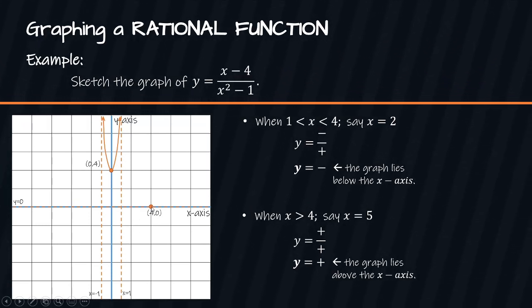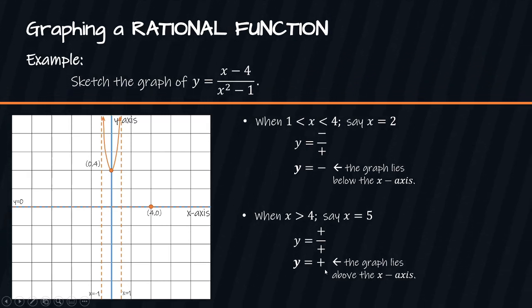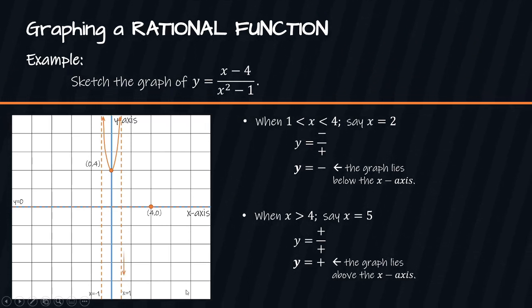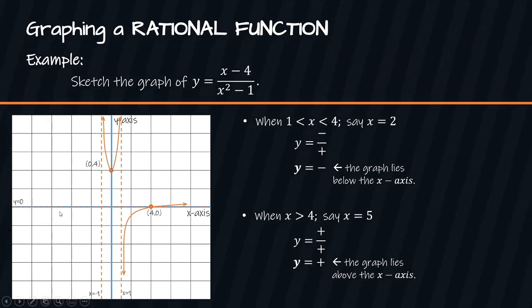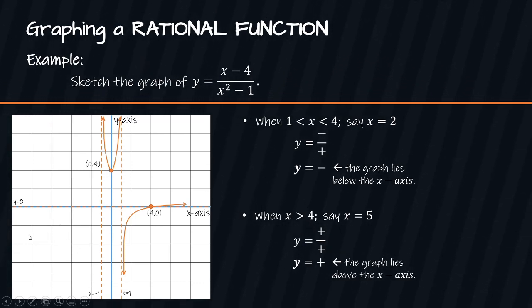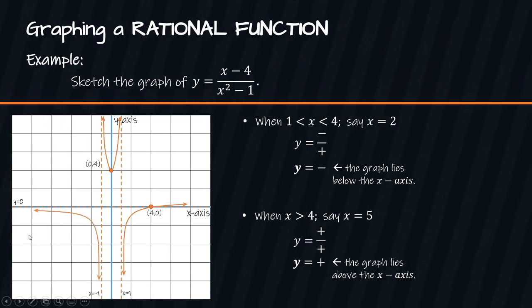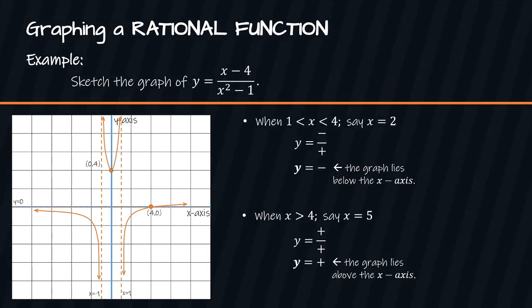However, from 4 onwards, the graph lies above the x-axis. It looks like this. When x is less than negative 1, the graph lies below the x-axis. This is how you sketch the graph of the function y equals x minus 4 over x squared minus 1.